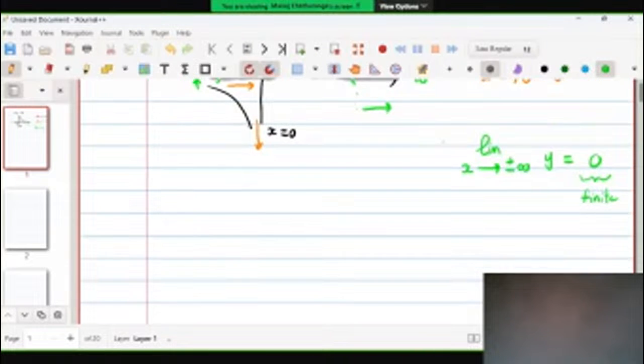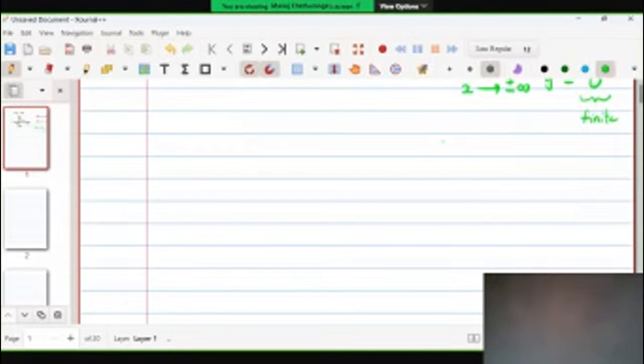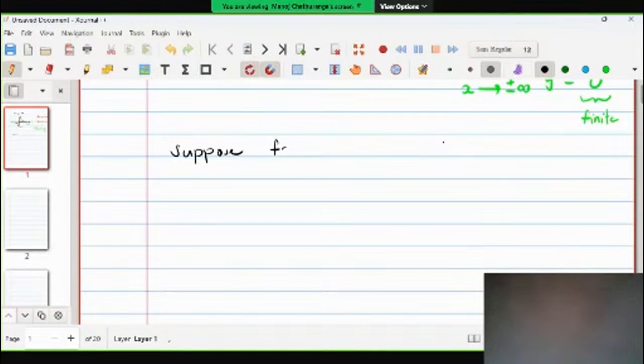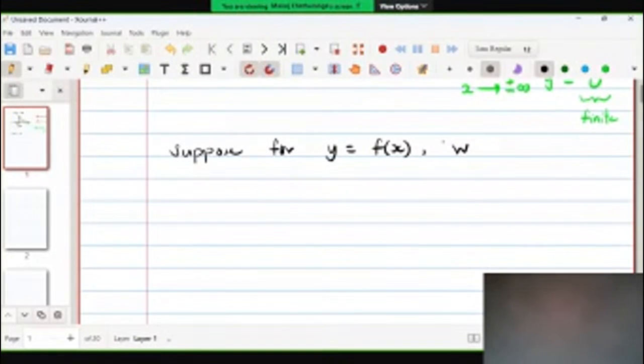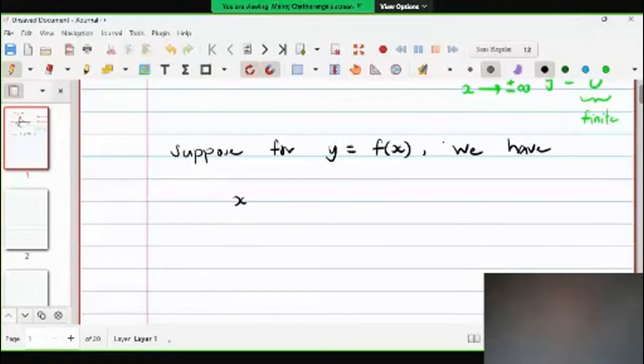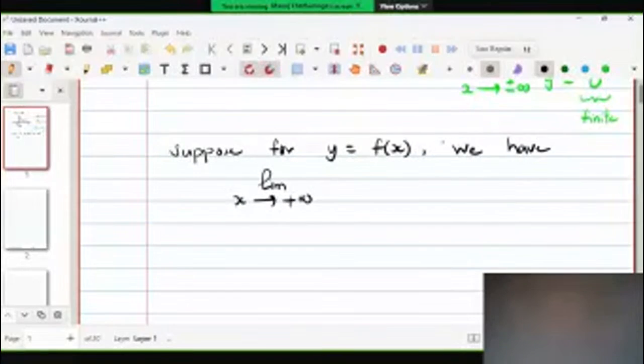Now let's see the general picture. Suppose for y equals our function f of x, as x goes to positive infinity, f of x approaches some number m.